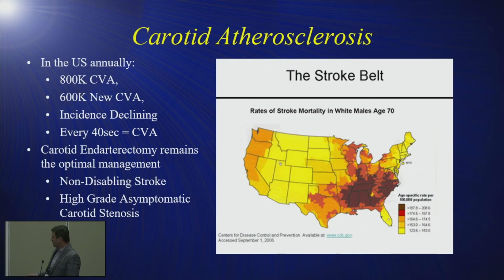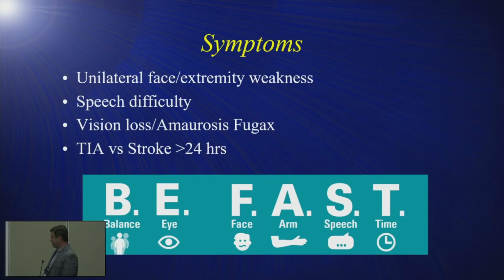So it's great that we have one of the country's leading stroke centers right here in our backyard, but it's also unfortunate that we have to have a leading stroke center in our backyard. That's just the reality of the demographics of our region.